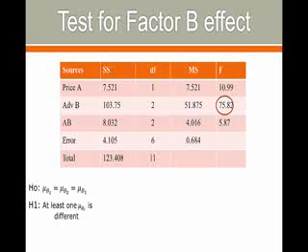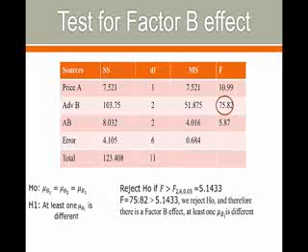Let's see now for a B effect, factor B, the type of publicity. Does the type of publicity have an impact? Therefore, I'm testing mu B1 equal to mu B2 equal to mu B3 against at least one mu Bi is different. I will reject H0 if this F in my table is greater than F(2,6), because I'm looking at factor B, F(2,6) at 0.05, which is 5.1433.